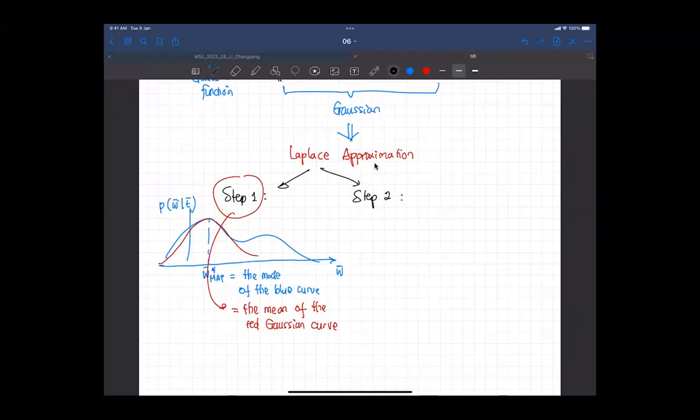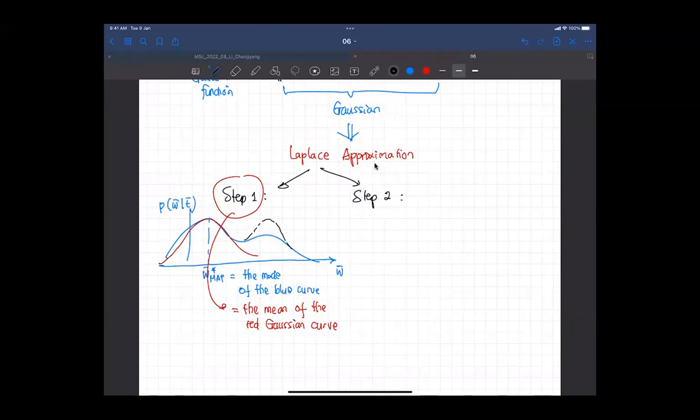Yes. What will happen if we have two modes? It's possible, but in that case, you have to imagine that it is somehow two hills exactly the same. In that case, there's no choice, you have to choose one of them.